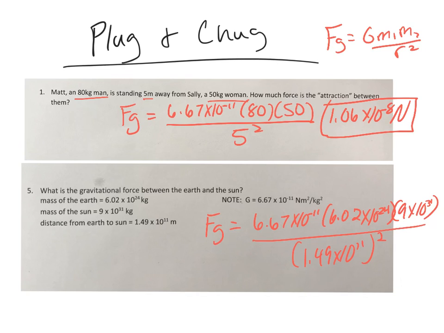Now, all you have to do is plug this into the calculator and it'll spit out an answer for you. Just be aware that when you have this square on the bottom, you need to write it in the calculator exactly as you see it here, because otherwise the square will get messed up. I'm not going to tell you the answer to this one. If you really want to know, you can type it in the calculator.